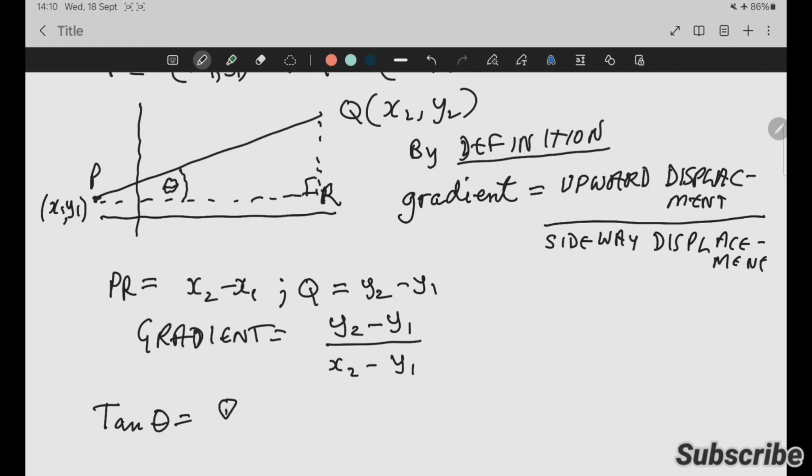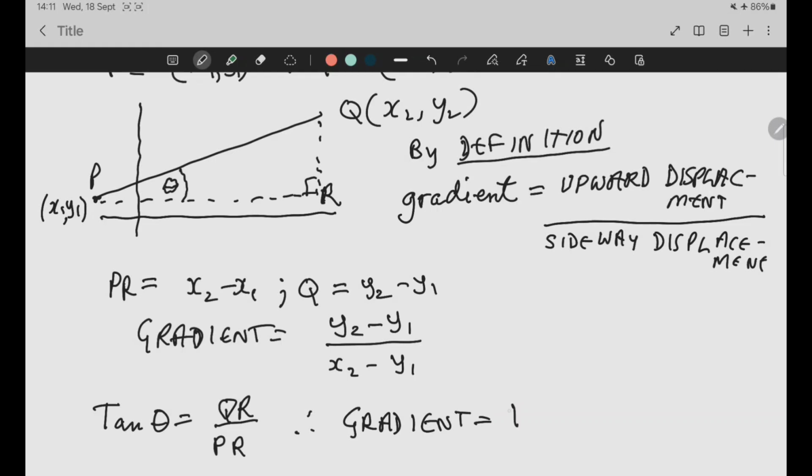So that is QR divided by PR. You should remember that from elementary trigonometry, and so therefore the gradient can be represented by tan theta. So gradient is equal to tan of theta, okay, where theta is the angle that the line PQ makes with the horizontal.